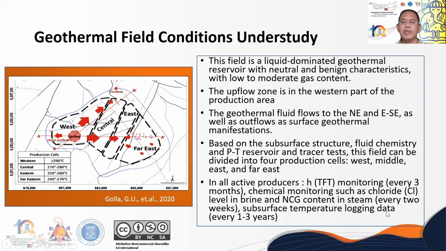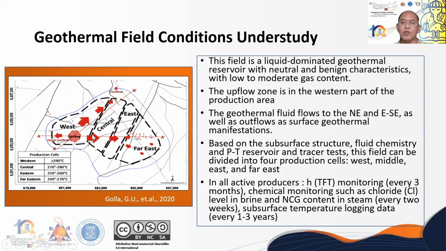Let's look into the geothermal field under study. This is a liquid-dominated geothermal field where the reservoir is relatively neutral and benign, with low to moderate gas content. The upflow zone is located in the west sector of the production.